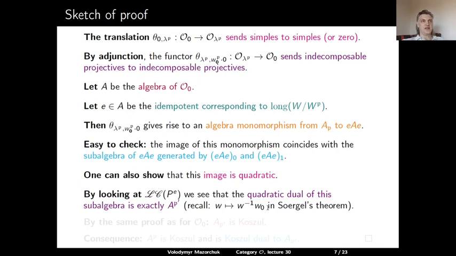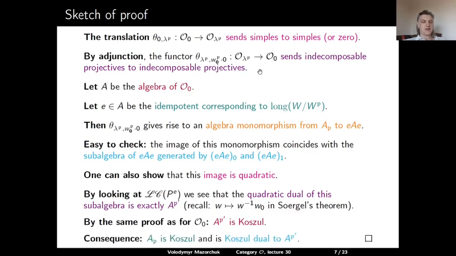In particular, it changes left cosets with right cosets. By exactly the same proof as in category O, one shows that the algebra A upper P prime is Koszul. Consequently, both A lower p and A upper p prime are Koszul and Koszul dual to each other.